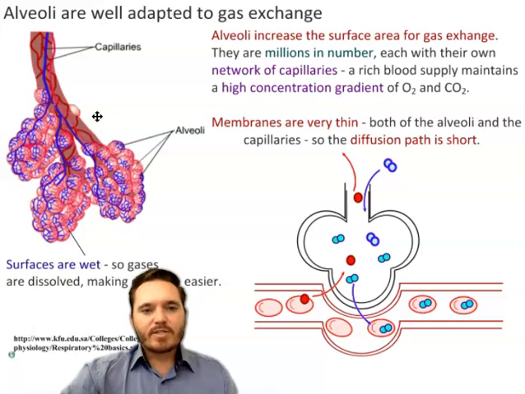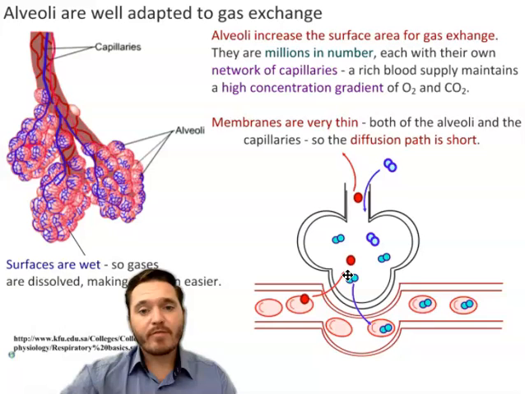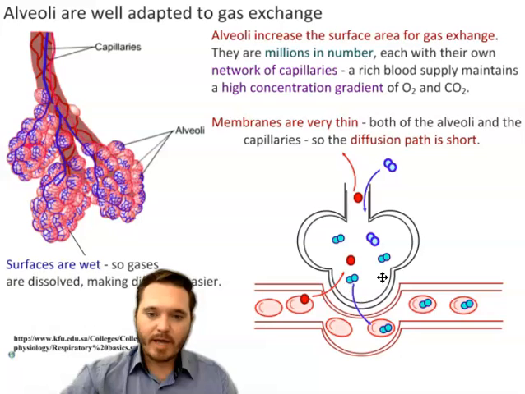Here we have a slide just showing the close-up of the alveoli and talking a little bit about its structures in relation to the function of the alveoli. So the membranes of the alveoli are only one cell thick, meaning they're very, very thin. The diffusion path is shorter, which allows for a faster gas exchange. So here we have the alveoli, right?